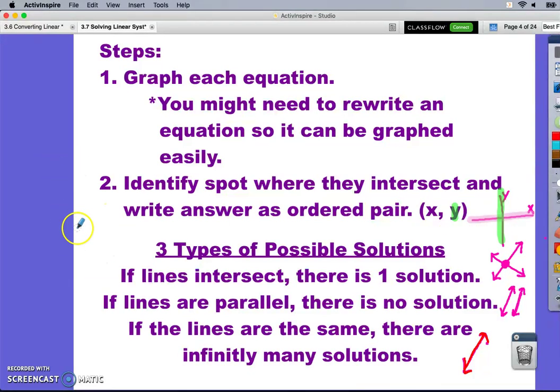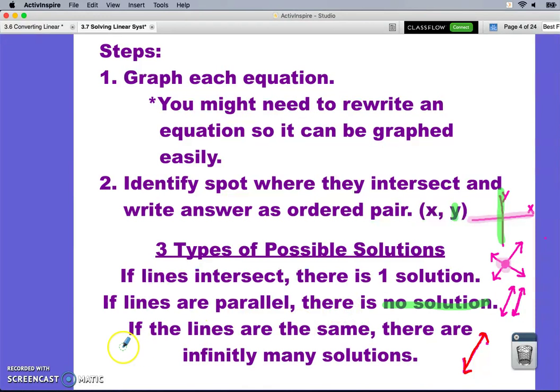All right, three types of possible solutions. If the lines intersect, there's going to be one solution. So two lines that intersect are only going to be intersecting at one point. If the lines are parallel, that means kind of like railroad tracks, they go in the same direction, so they will never intersect, so there's going to be no solution.